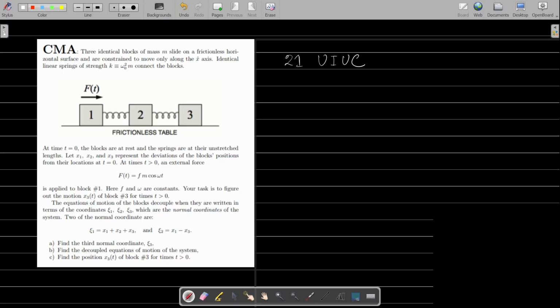But here, the ansatz was a bit unorthodox, so I had to formalize a way of constructing normal coordinates. I'll show it to you, and we will try to answer all three questions A, B, C. Without further ado, let's get to the problem.